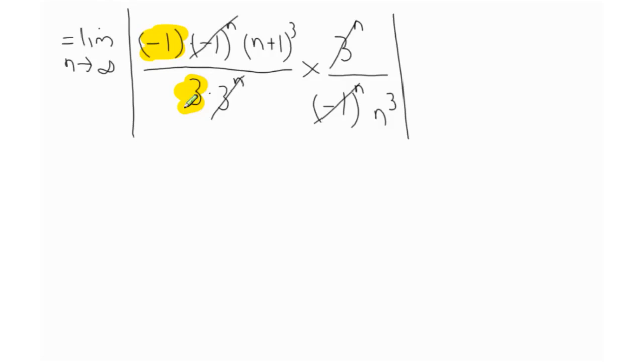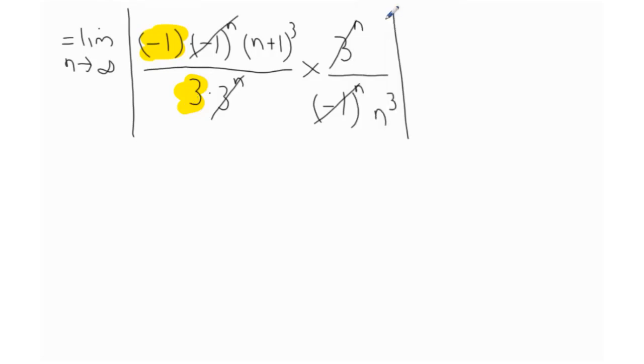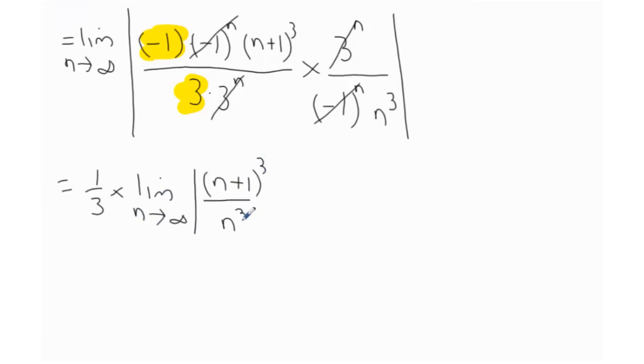And then we're just going to have (n+1) cubed over n cubed. So this is 1/3 times the limit as n approaches infinity of the absolute value of (n+1) cubed over n cubed.